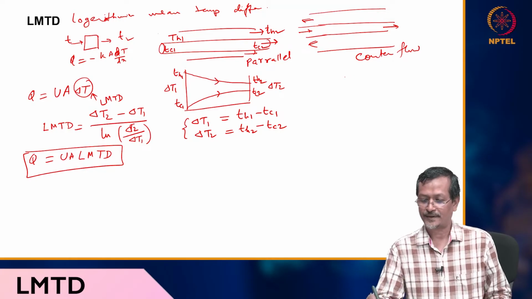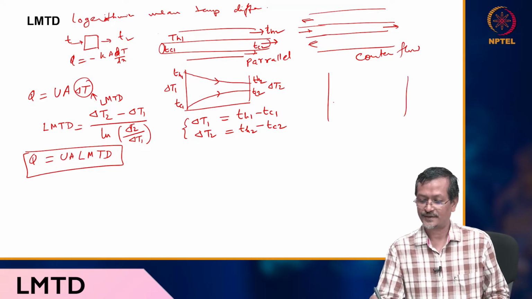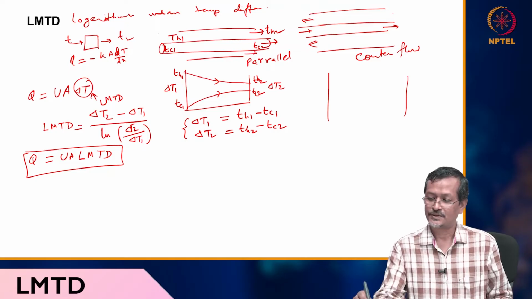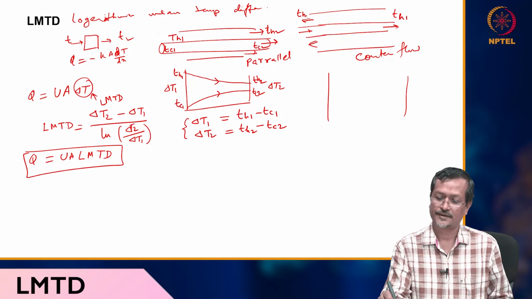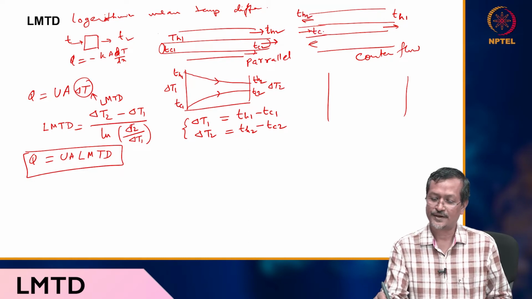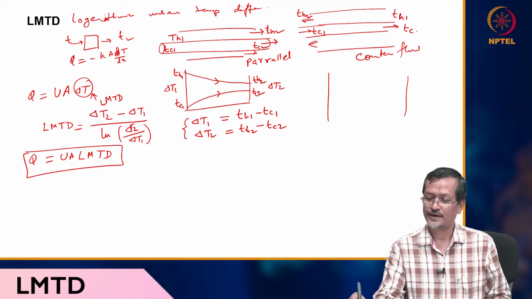For counter flow, what will happen? Let's draw a similar figure again. Let's say T hot entering, T hot exiting, T cold entering, T cold exiting.